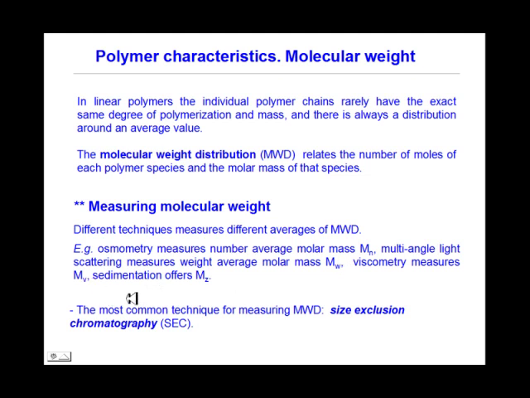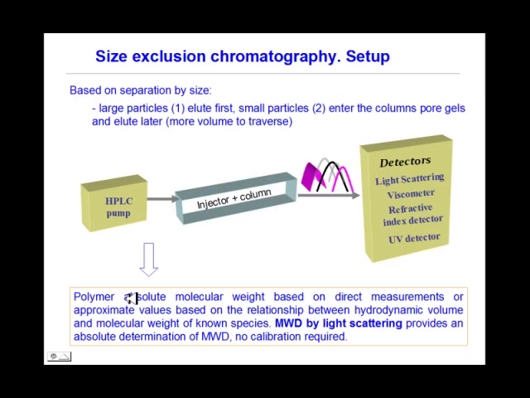The most common technique for measuring molecular weight distribution is size exclusion chromatography. And I show here a typical setup of this technique. As you know, it is based on separation by size. Large particles elute first, small particles enter the column pore gels and elute later.